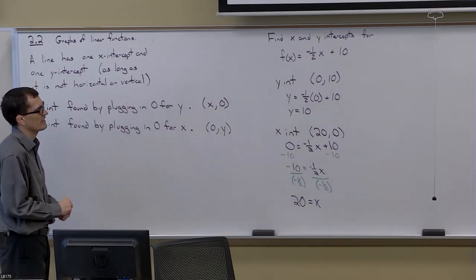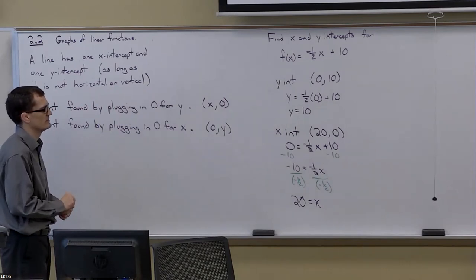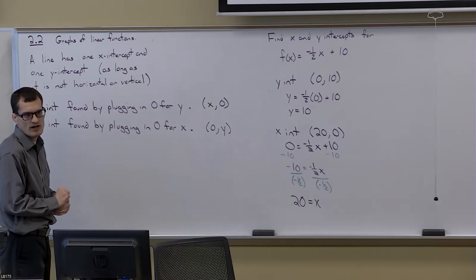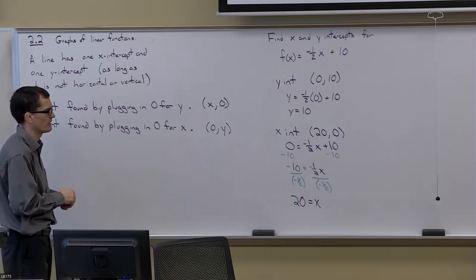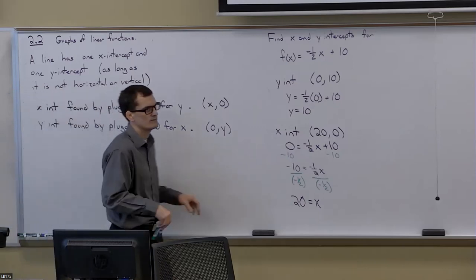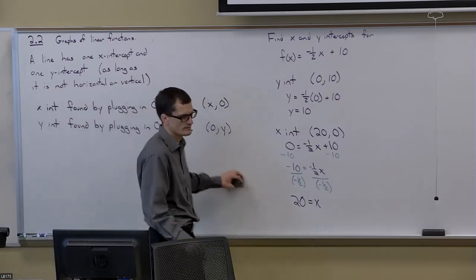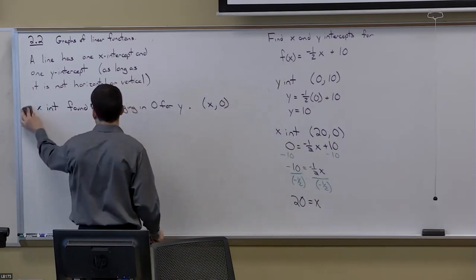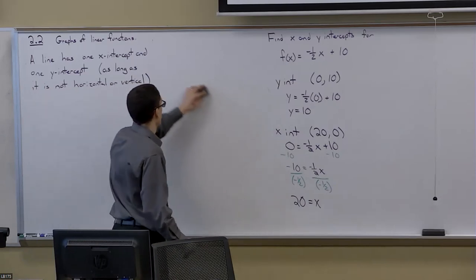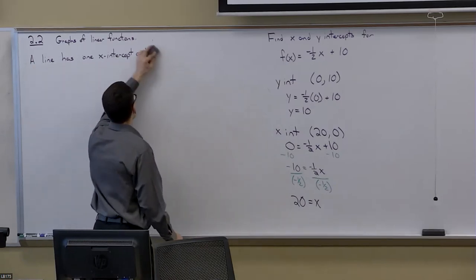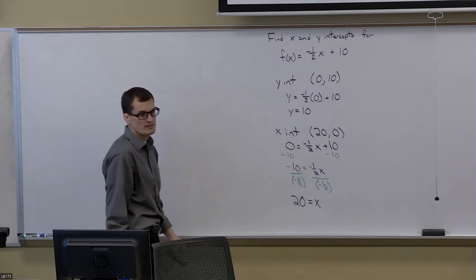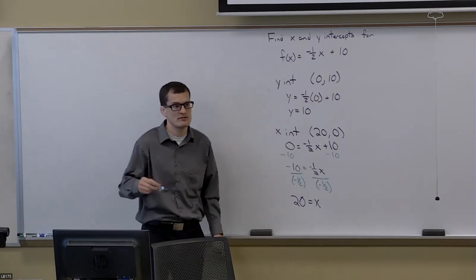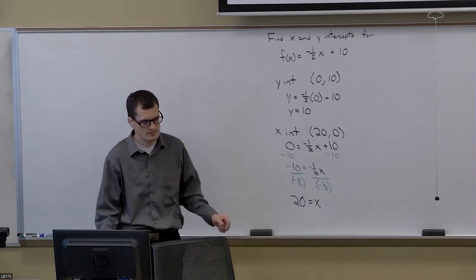So as long as the x and y-intercepts are different, you can always graph by just finding those 2 points. All right, any questions about x-intercepts, y-intercepts? It's so straightforward, I think we'll just move right on through that.